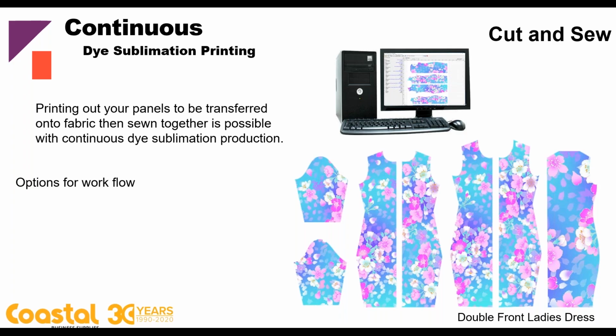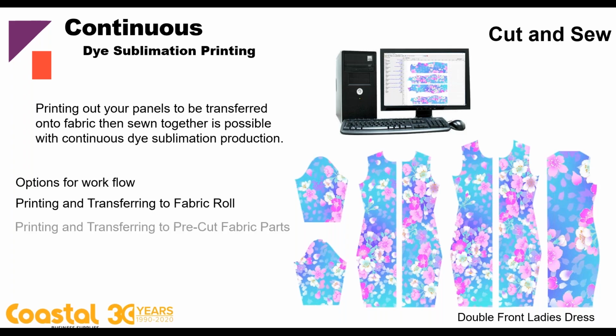In this one, we are doing what's called a double front ladies dress, and you'll be able to print and transfer onto fabric rolls, or print and transfer onto pre-cut fabric parts. What I mean is, say you're in production on a high scale, you could have all of these pattern pieces pre-cut as individual white pieces.